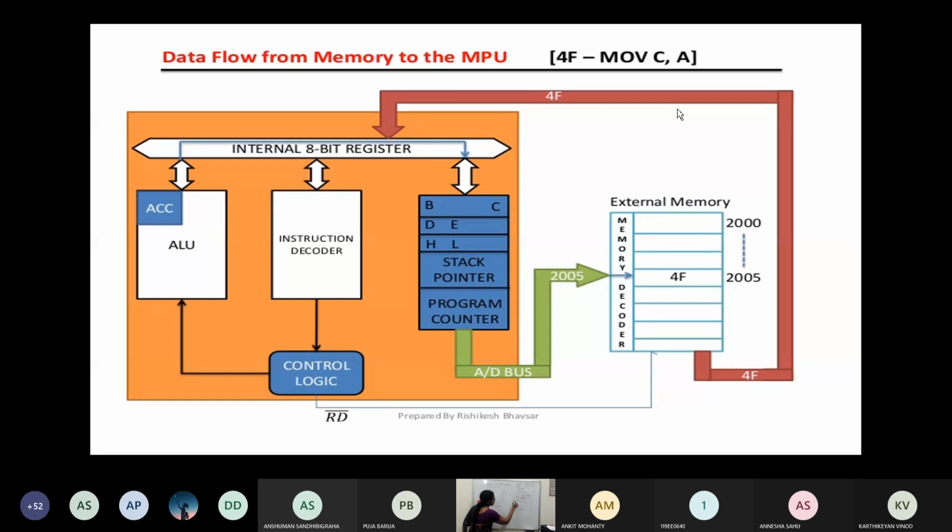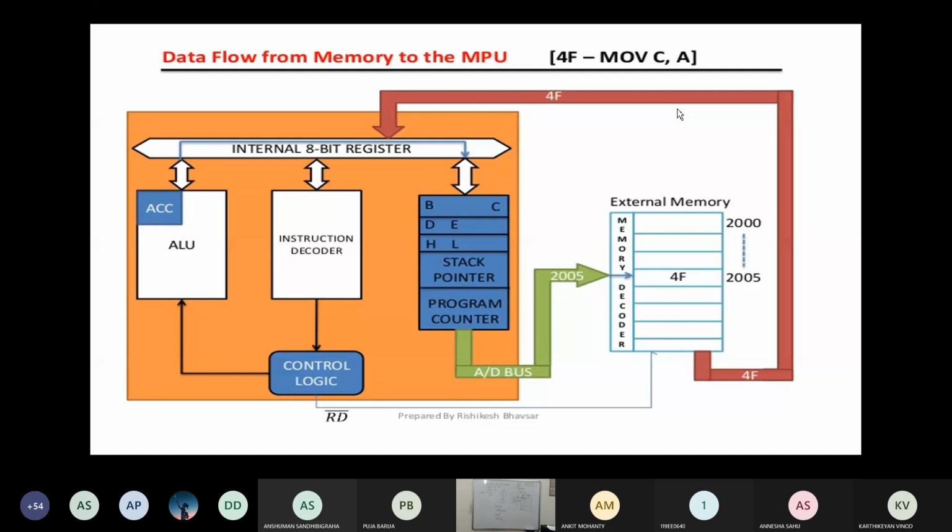Now, from there, it will pass on to the instruction decoder. Please try to understand. You fetch the opcode or data, then afterwards place it in the instruction register, then afterwards decode it. Now this is how any instruction has to be executed.